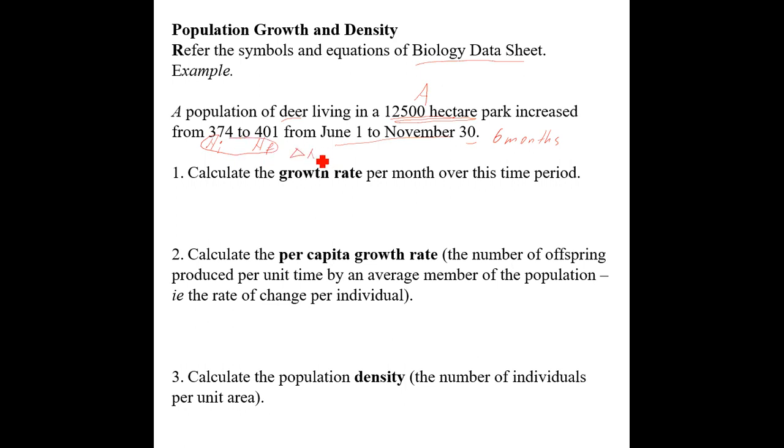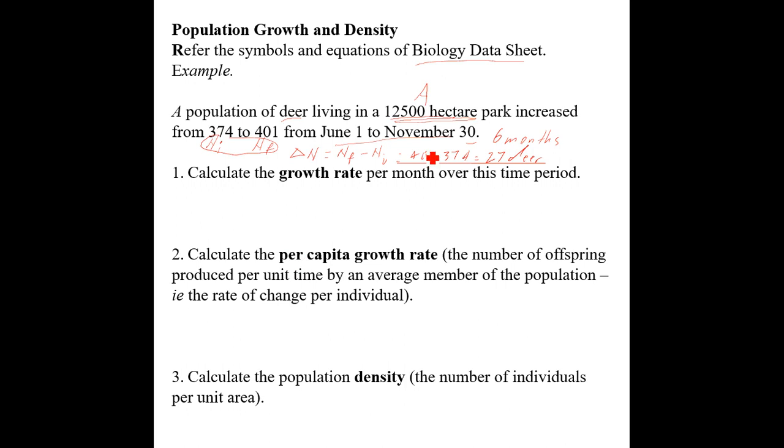So delta N, change in the number, is the final N F minus the initial N I. So that would be our 401 minus our 374, and that works out to 27 deer. I haven't even looked at what I'm asked to calculate yet, but I'm already doing some of the calculations that we will eventually need.